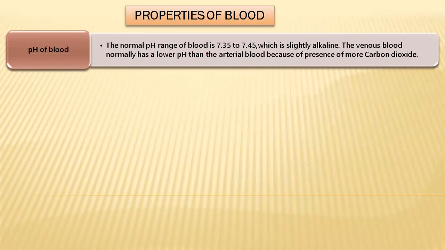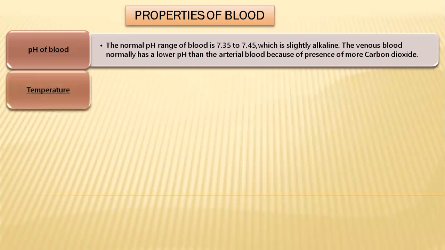You know that pH is the negative logarithm of hydrogen ion concentration. So with an increase in hydrogen ions, there will be a decrease in pH. So that's why I'm saying that the venous blood normally has a lower pH than arterial blood.